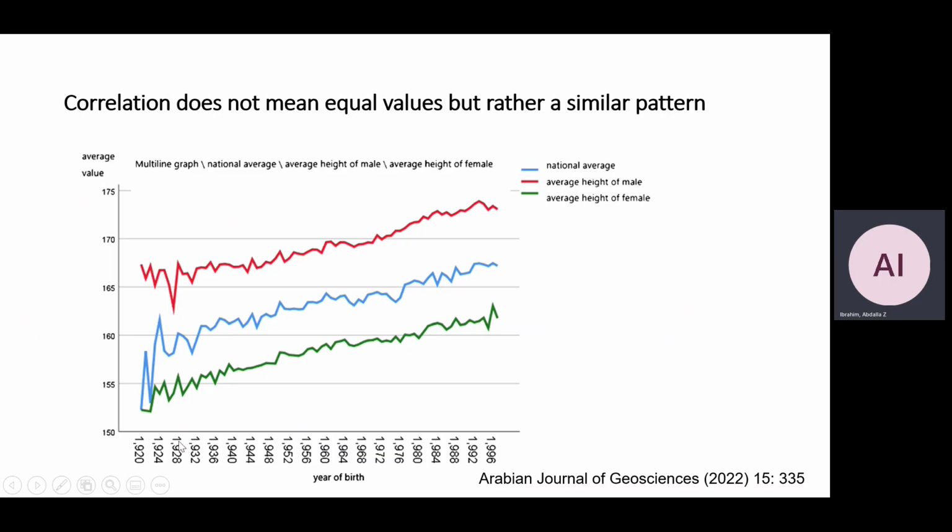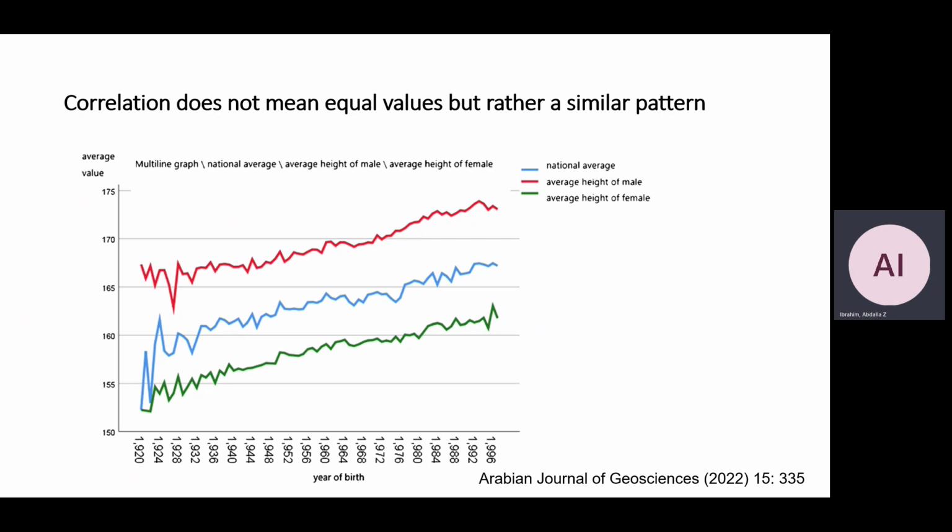The x-axis, the years, goes from 1920 up to 1996, and on the y-axis the height is in centimeters, 175. So x and y are not equal. They don't have to have equal values, but they should show a similar trend.